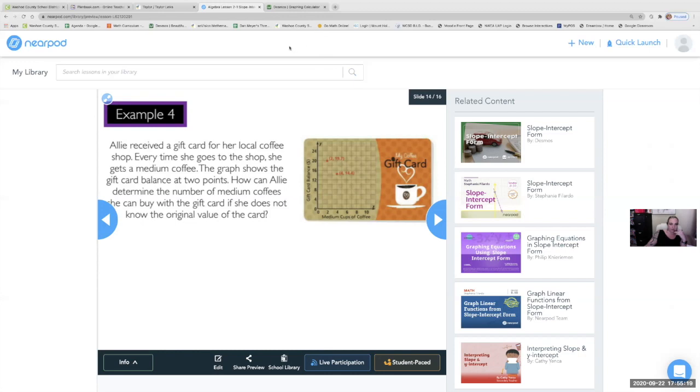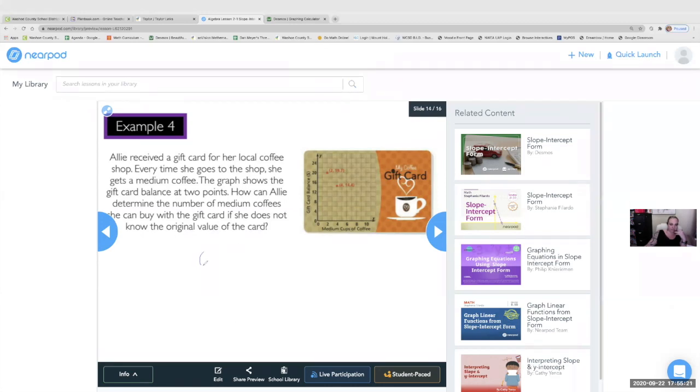So using the 2 points, we're at 2 cups of coffee, $19.70 balance. 4 cups of coffee, $14.40 of a balance. So let's use our formula, the change in the y values divided by the change in the x values to figure this out.